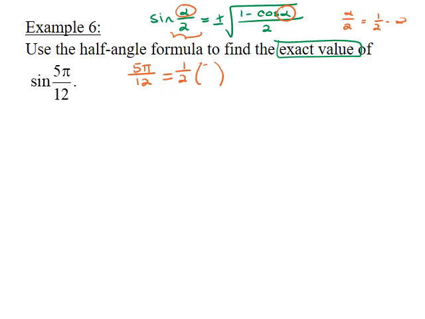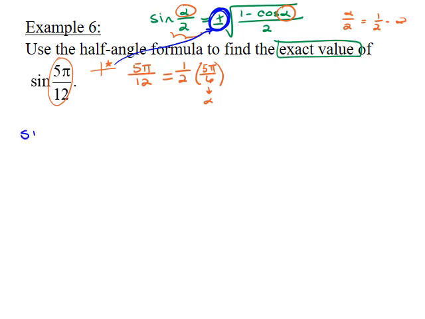That would be 5 pi over 6. So our alpha is going to be 5 pi over 6. Now, 5 pi over 12 is in quadrant 1, and we know that sine is positive in quadrant 1, so I'm going to use the positive square root.